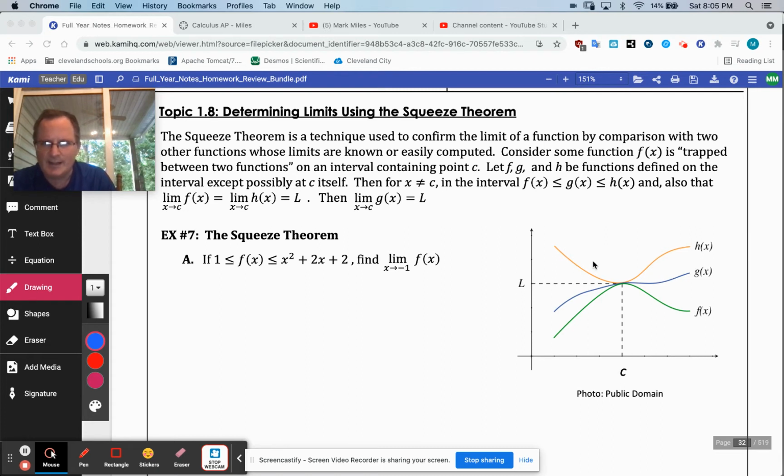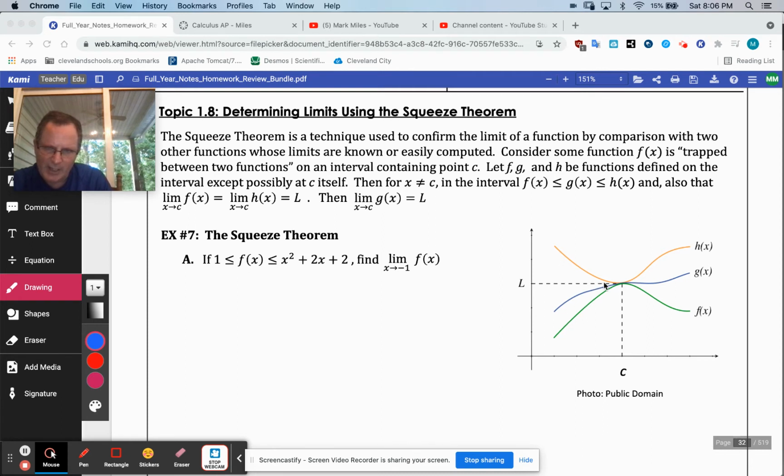So here's the thing then. If this is the case, and f of x and h of x share a limit at a particular c value, well, g's got to go there too because he's always squeezed in between them. Over here, sure, he's got some wiggle room, because h of x is way up here and f of x is way down here.